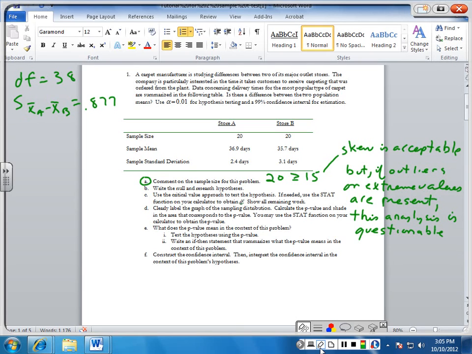If those are true, you should base your analysis on larger sample sizes.